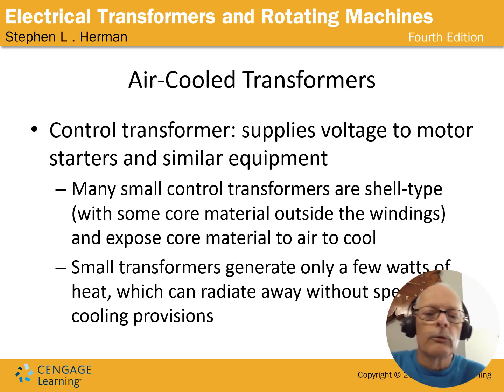For air-cooled transformers, that's just the simplest of the ones. It's just a transformer sitting there in the air with air around it, and it's going to get hot. Well, what happens to hot air, right? Hot air will rise in the atmosphere. So when hot air rises away from the transformer, the cooler air is pulled in below it.